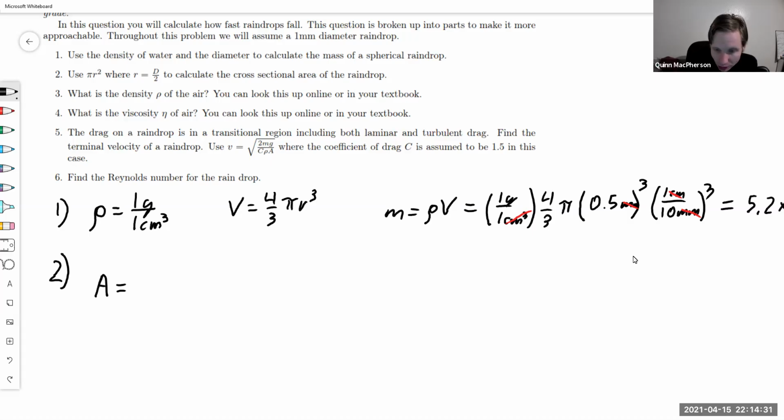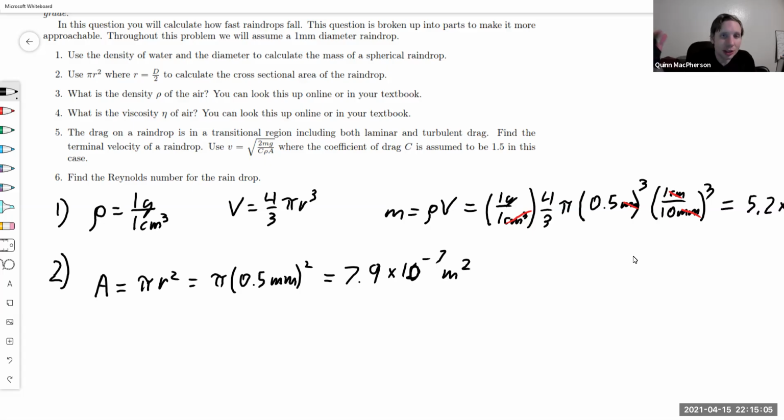A is equal to pi r squared, but r is d over 2, so that's 0.5 millimeters squared, and according to my calculations, that's about 7.9 times 10 to the minus 7 meters squared, after you do the conversion from millimeters to meters.